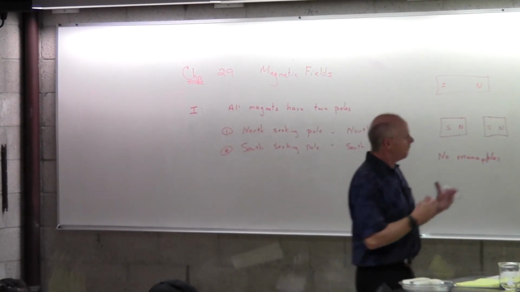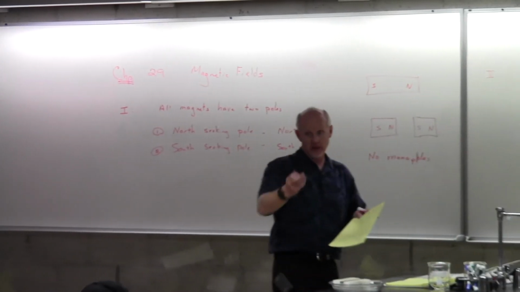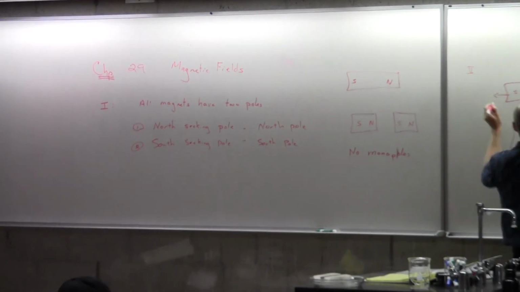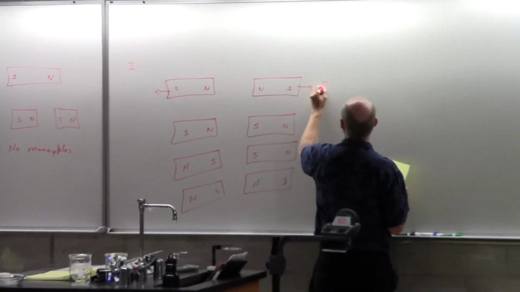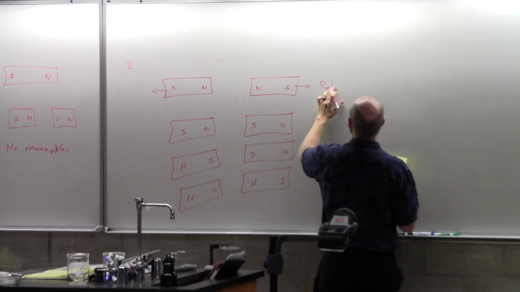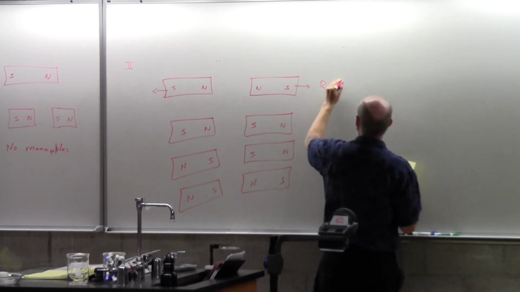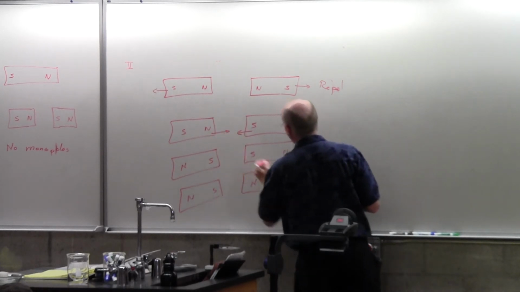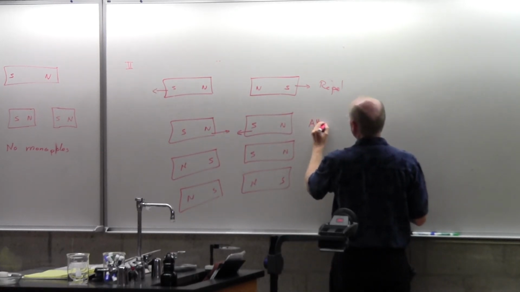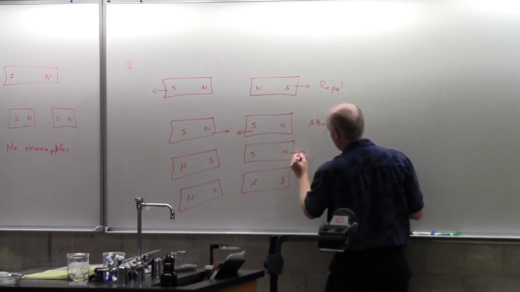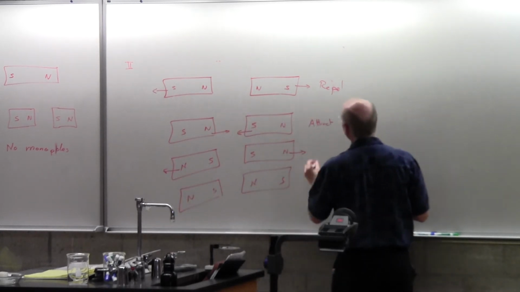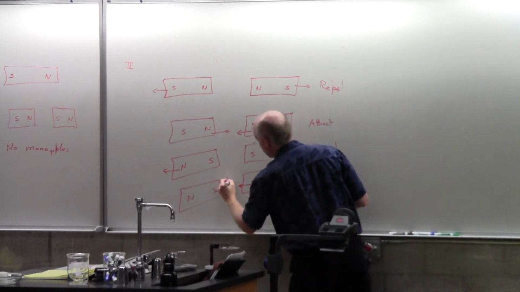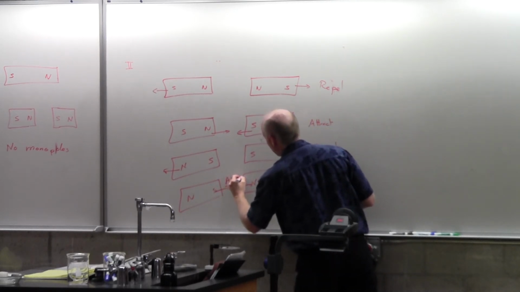But again, working forward with our terminology, and hopefully getting to your question too here real soon, I would have these guys pushing apart, and so we have them repelling, right? Whereas these guys here, the opposite poles then attract. Like poles end up repelling, and opposite poles end up attracting.